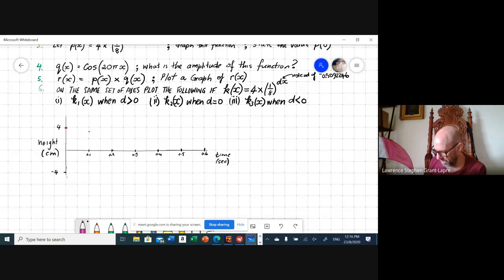Now times that 0.8 times 3.2, 2.56. Times that by 0.8, 2.04. Times that by 0.8, 1.6. Times that by 0.8, about 1.3. Times that by 0.8, about 1.04.